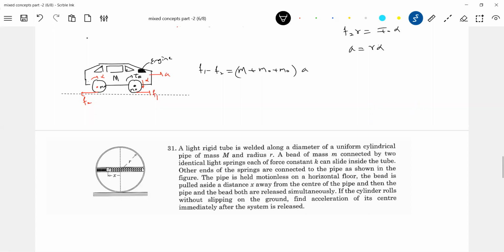Then on the front wheel, tau E minus F1 into R should be equal to I naught alpha. And for the rear wheel, F2 into R is equal to I naught alpha. These are for the individual cylinders, and for pure rolling, A should be equal to R alpha, where R is the radius of the wheel.